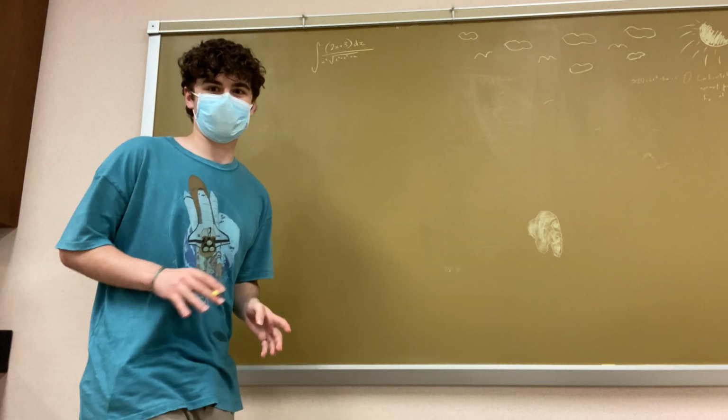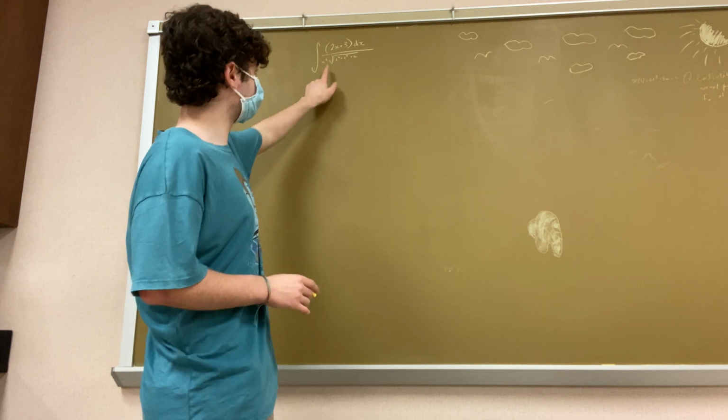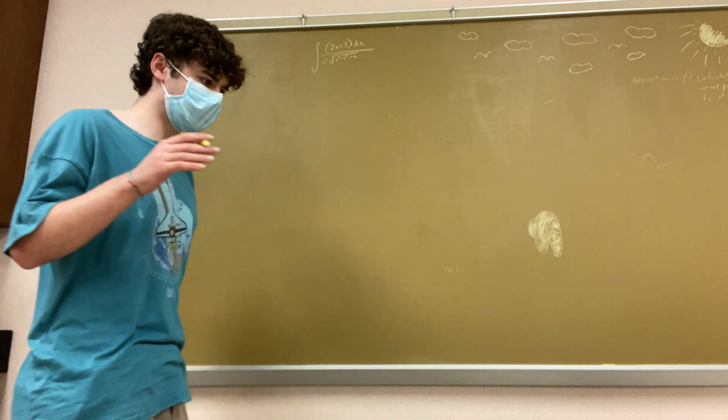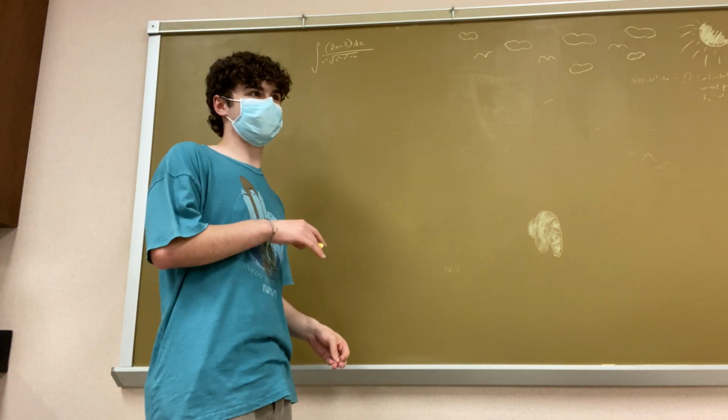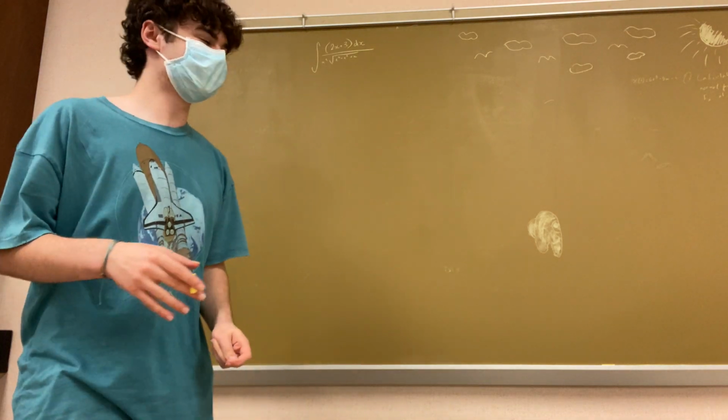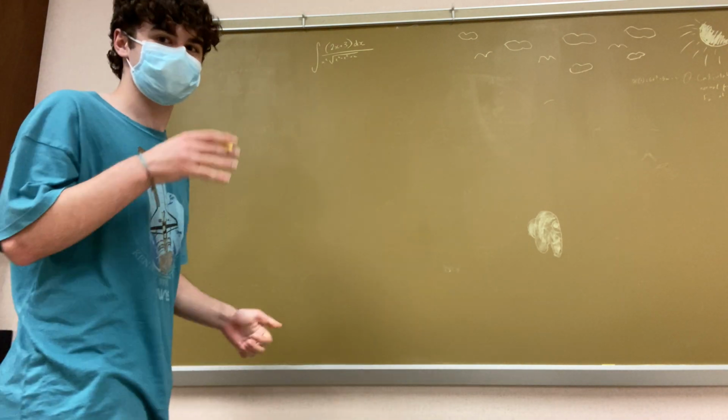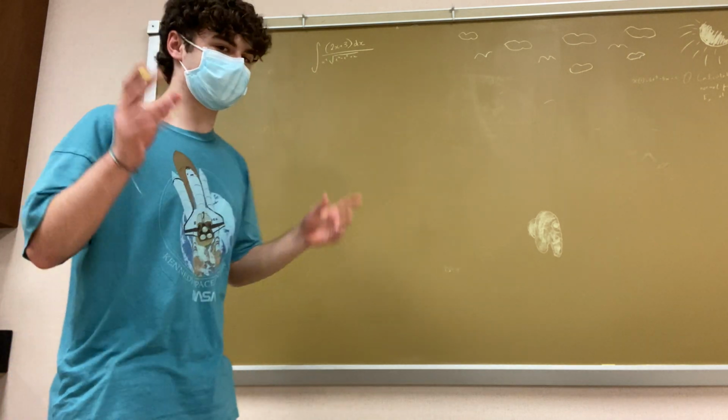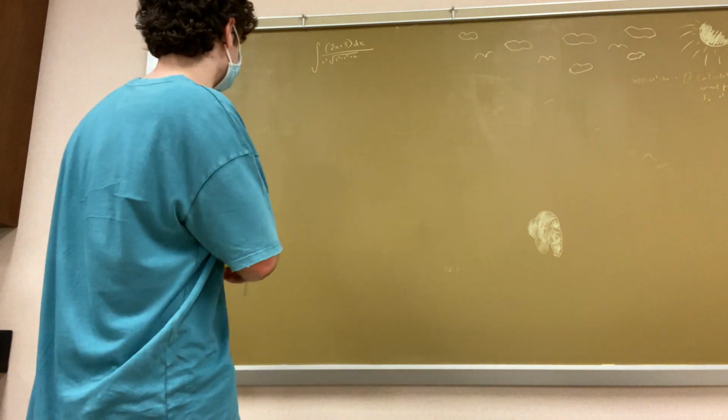The first thing I see when I look at this integral is we have an x squared here, and what we know is that the derivative of 1 over x is equal to negative 1 over x squared. So initially that's where I'm thinking, how can I incorporate that kind of idea?